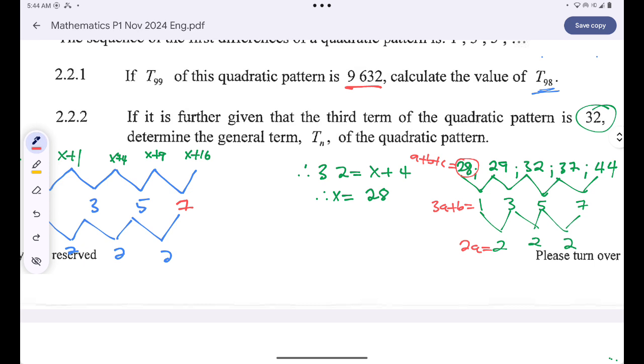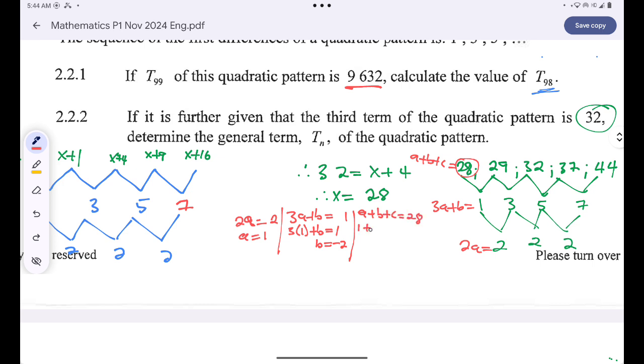Okay, so 2a is equal to 2, therefore a is just equal to 1. 3a plus b is equal to 1, that's 3 times 1 plus b is equal to 1, then b is just equal to negative 2. And then a plus b plus c is equal to 28.